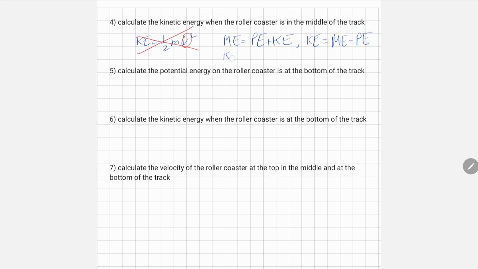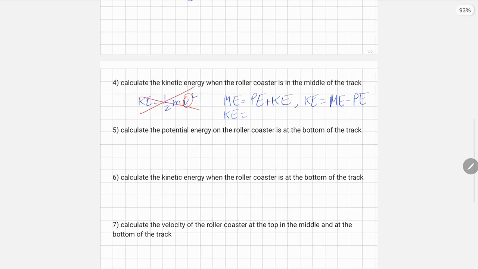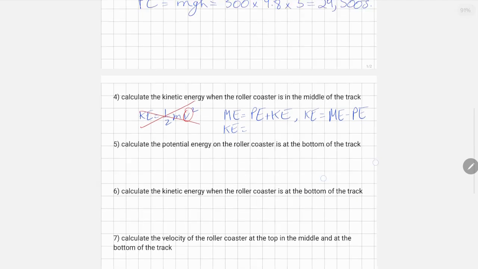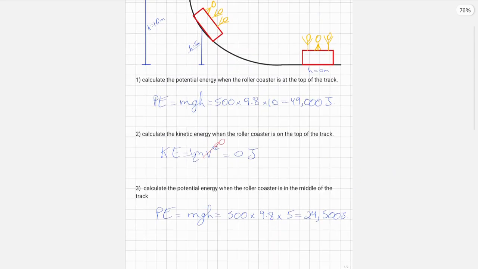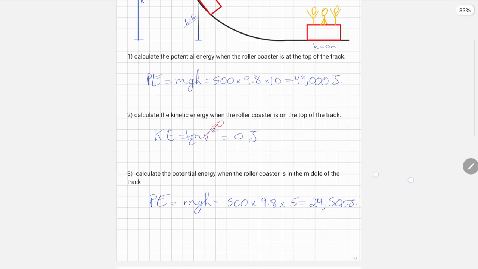The mechanical energy you get from before, from this value over here, because remember, at the very top of the track, the total energy, the mechanical energy, is equal to the potential energy. So this is the mechanical energy itself, because this is the total energy.